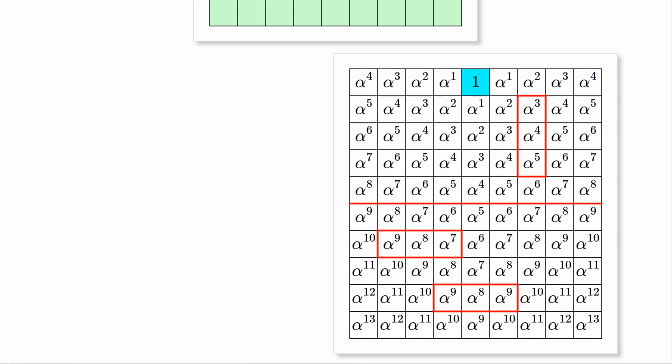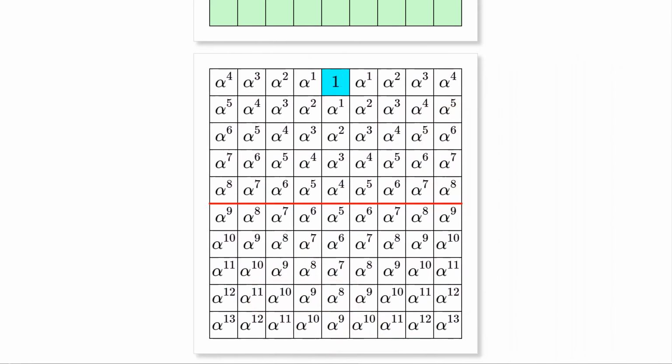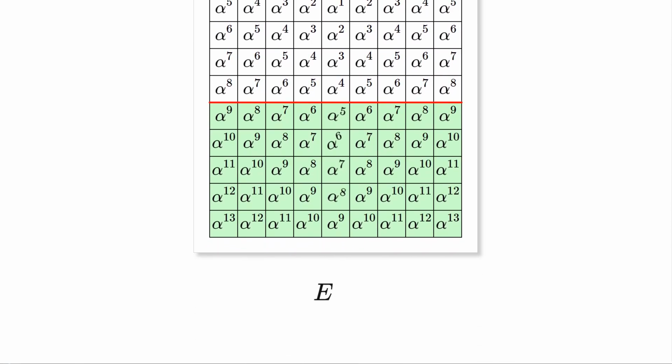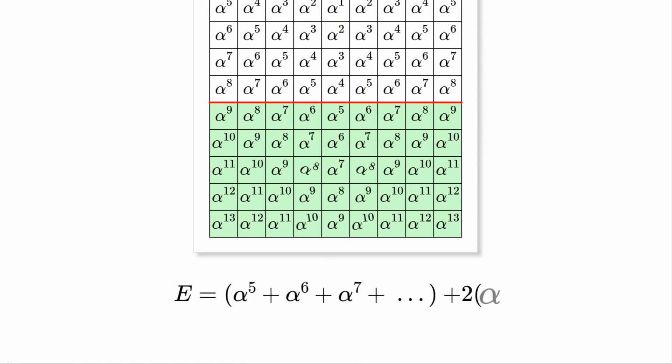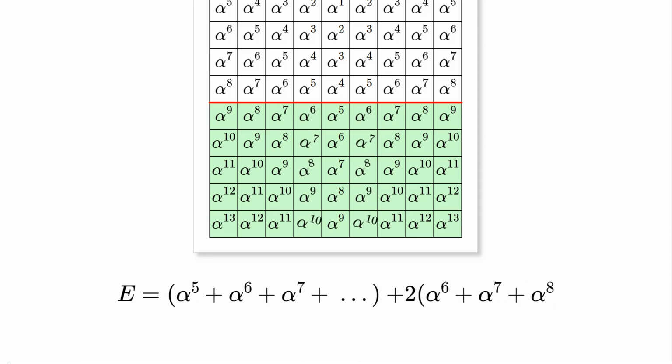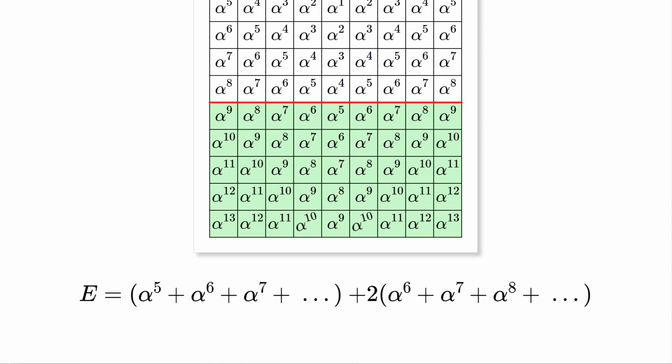Okay. What would be the energy if every square below the red line is filled with a peg? Infinitely many pegs. Well, let's sum the infinite geometric progression of the central column and the adjacent ones, and the adjacent of the adjacent, and so on.